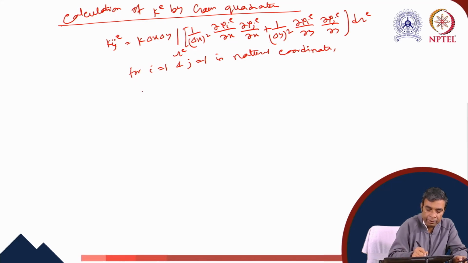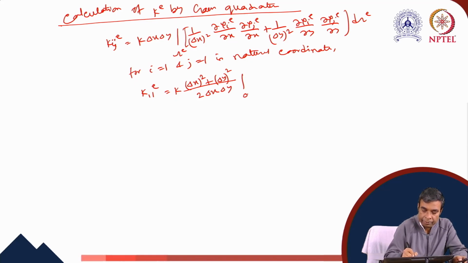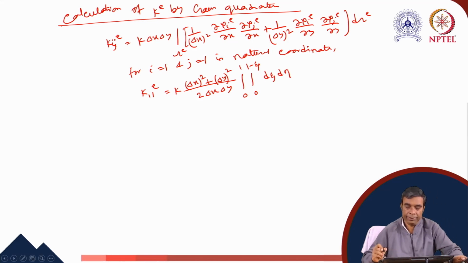We already had k11 e equals k into delta x whole square plus delta y whole square by 2 delta x delta y integration 0 to 1, integration 0 to 1 minus xi, d xi d eta.